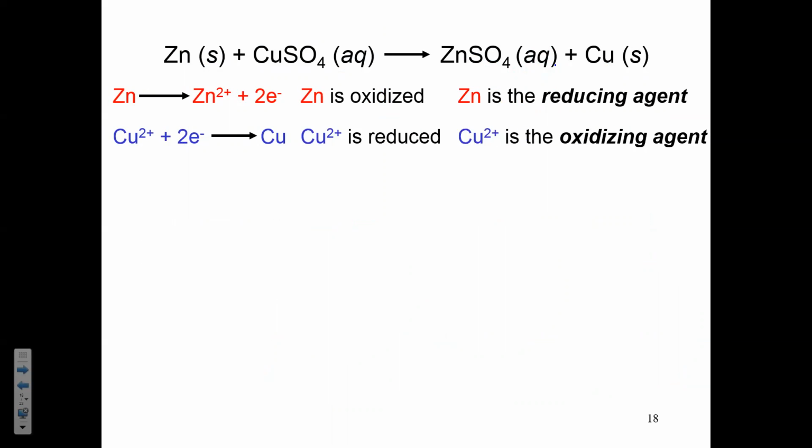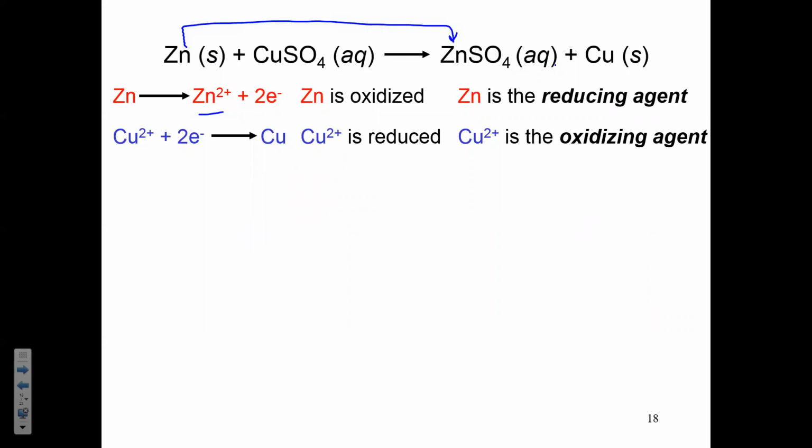So when we look at these, again, if we go from Zn over here to Zn over here, and we look at the charges on both of them, then we'll find that this Zn goes from a charge of 0 or neutral to this Zn, which is going to go to a +2 charge. Okay? If it's oxidized, then it is losing electrons, right?